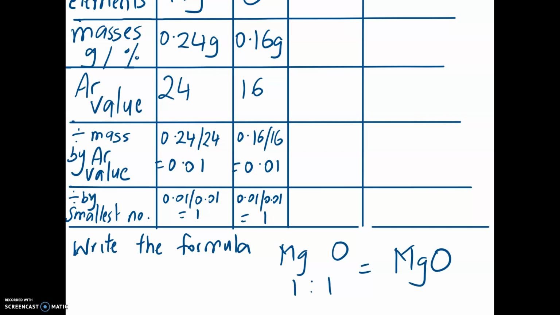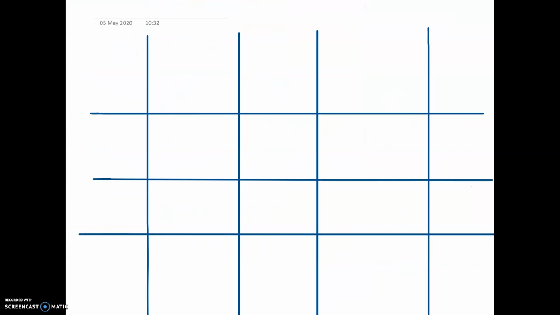So if we were to do a slightly different example, this time we're going to look at 3 different elements. So the first one, this time if we write down the same things, elements. And this time we're going to look at magnesium, sulfur, and oxygen.